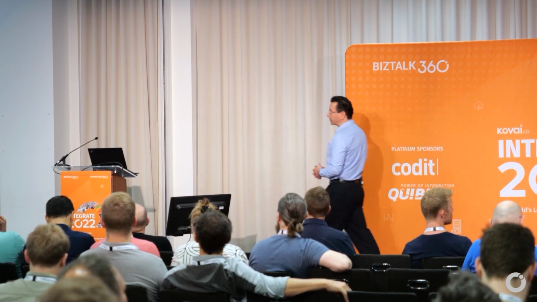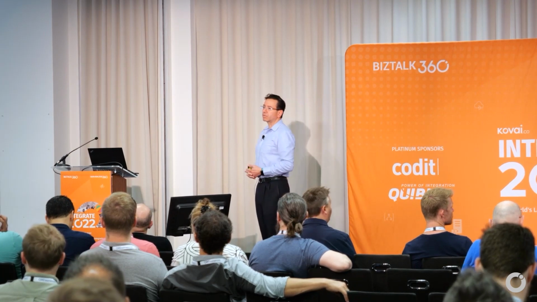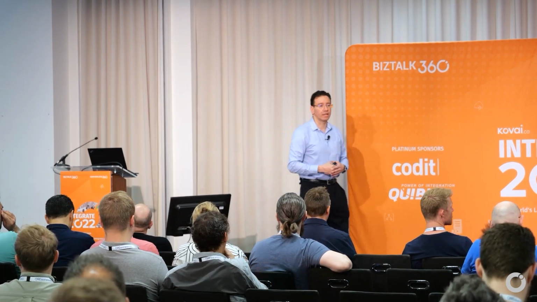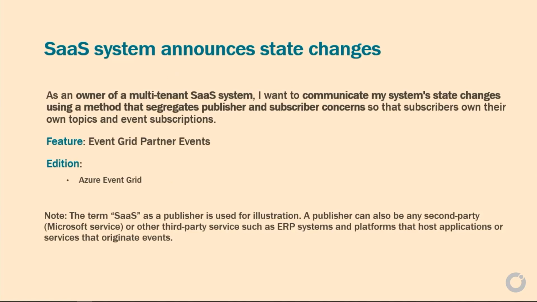Then we have another use case. Sometimes you want to consume events from external entities. And external means a service that doesn't have an Azure resource provider, meaning it's not an Azure service. It can still be hosted on Azure, but for all practical matters it is an external system.